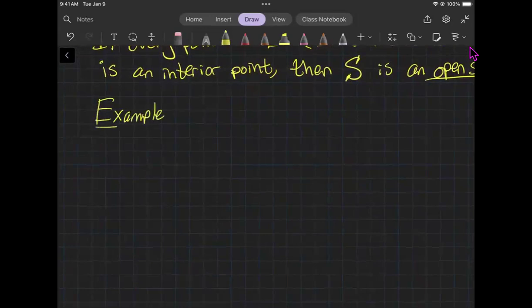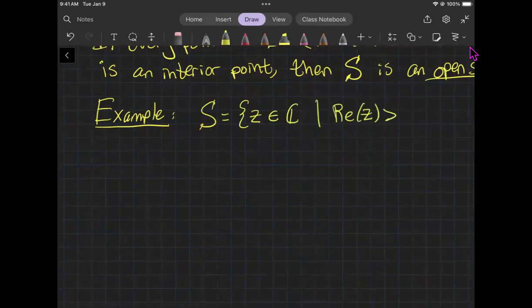So for example, if I let S be the points Z inside the complex plane, such that the real part of Z is greater than 1. Okay, this is a set.